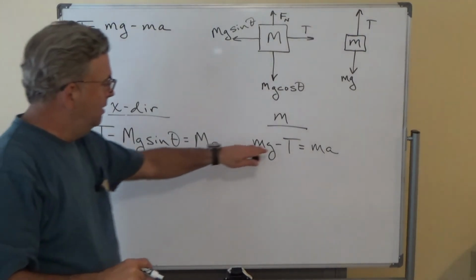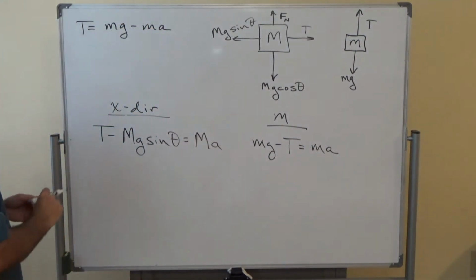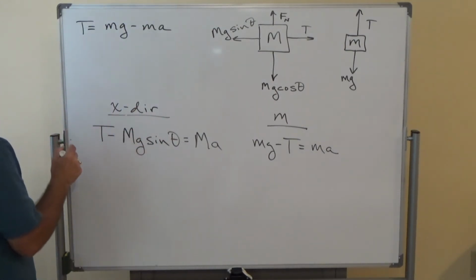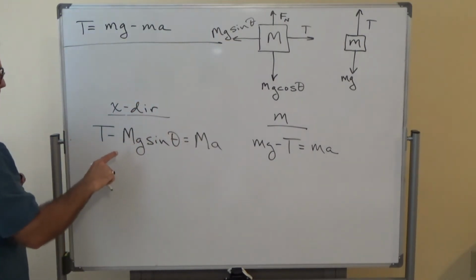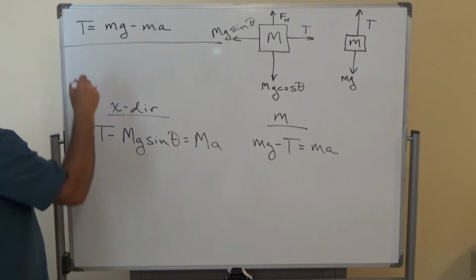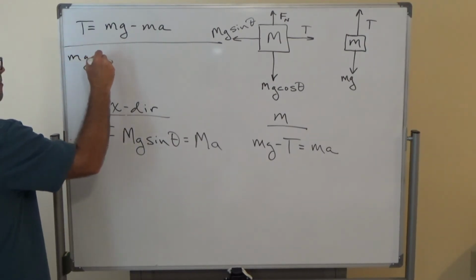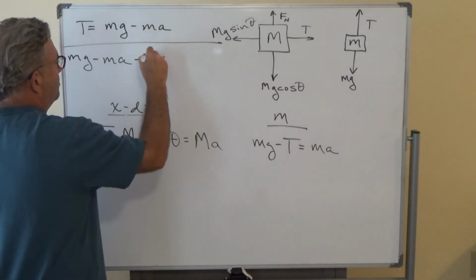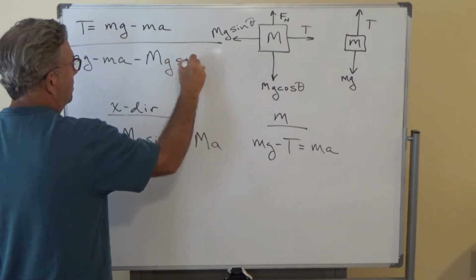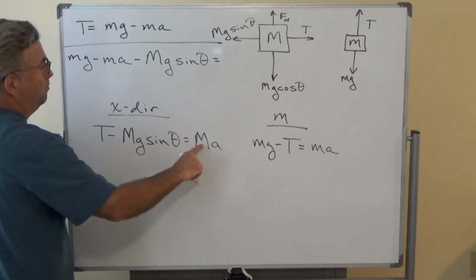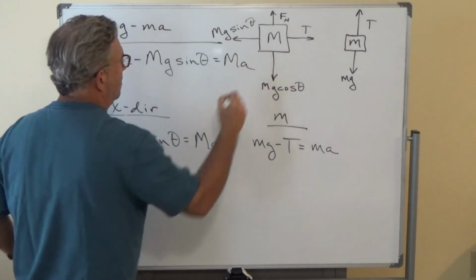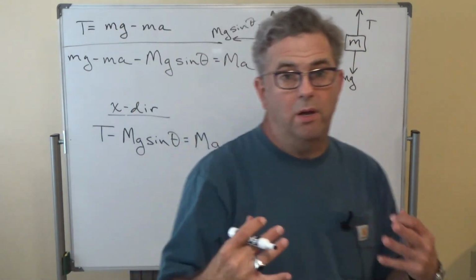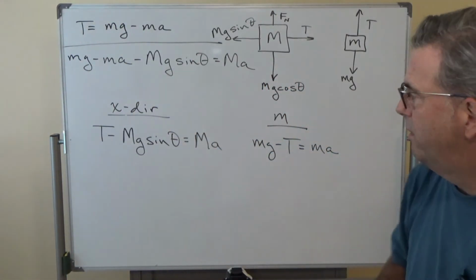That's just moving these around and solving for T. I'll plug that into this equation. So, second line: now we have little mg minus ma, plugging in here, minus big Mg sine theta is equal to big Ma. So I just plug that one equation into the other.